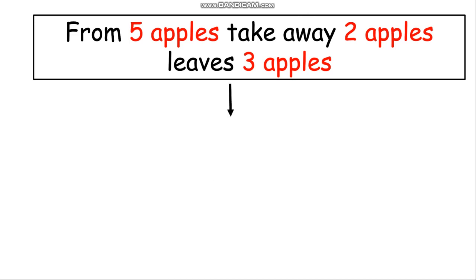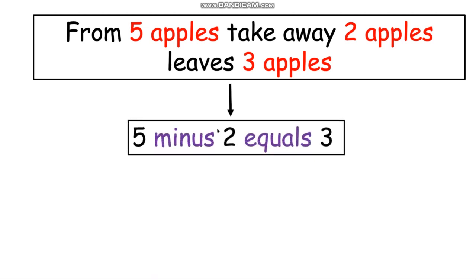Let me show you. 5 minus 2 equals 3. So, I have taken 5 from here, minus because we are taking away. हम उसमें से निकाल रहे हैं. So, I have written minus 2 equals 3.